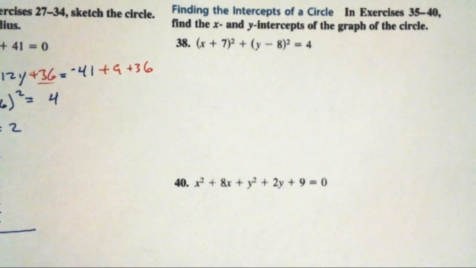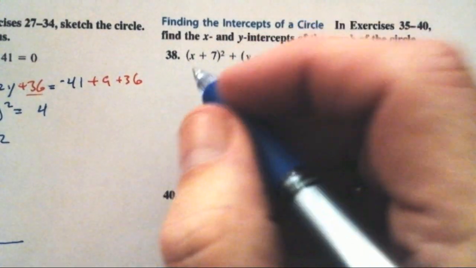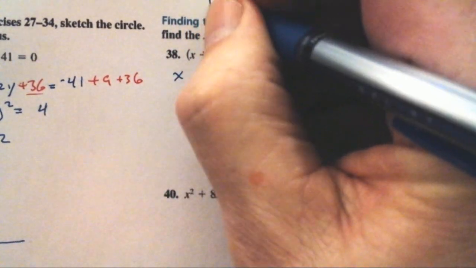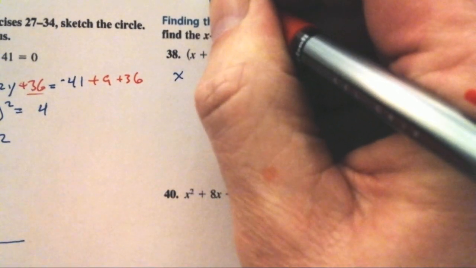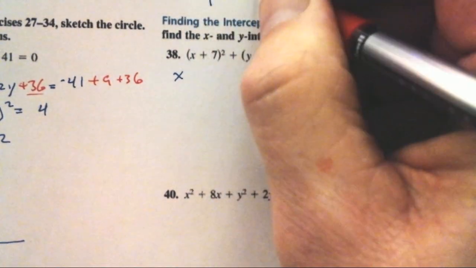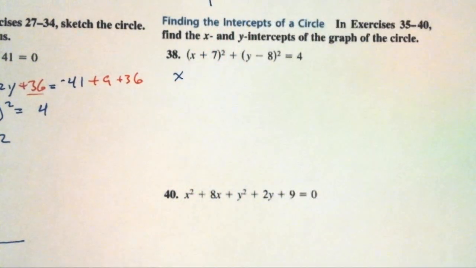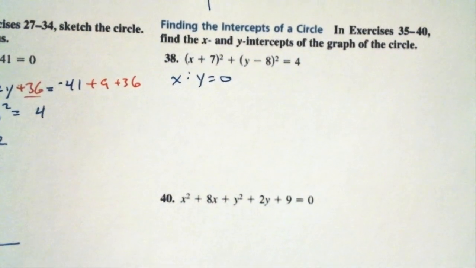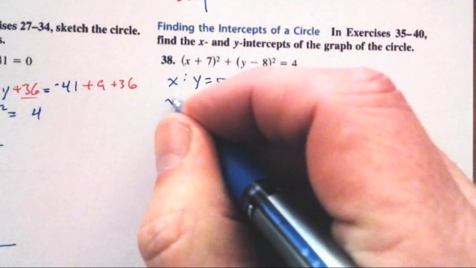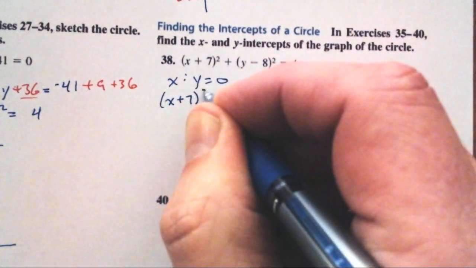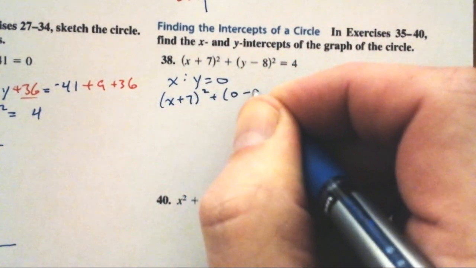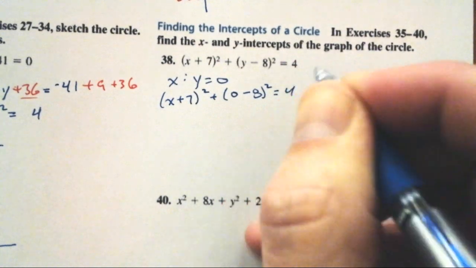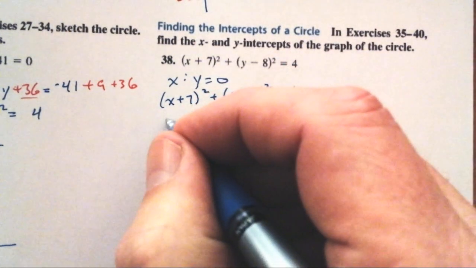Find the x and y intercepts of the graph of the circle. Well, x-intercepts. X-intercepts, these points that are on the x-axis, all have one thing in common, and that is they are (something, 0). So x-intercepts occur when y equals 0. So (x plus 7) squared plus (0 minus 8) squared equals 4.